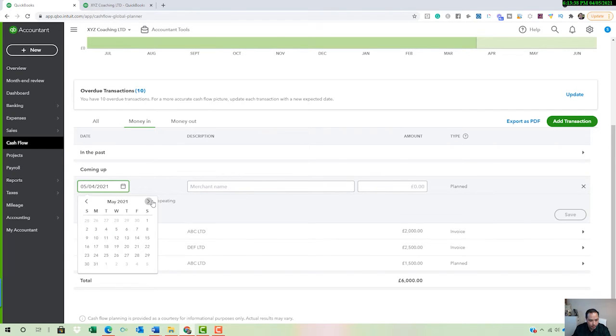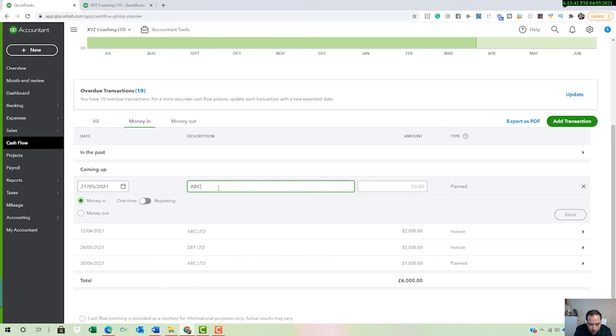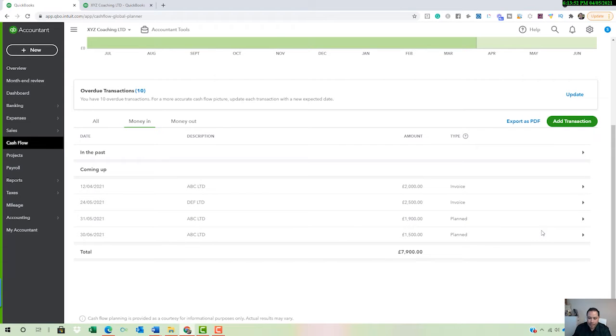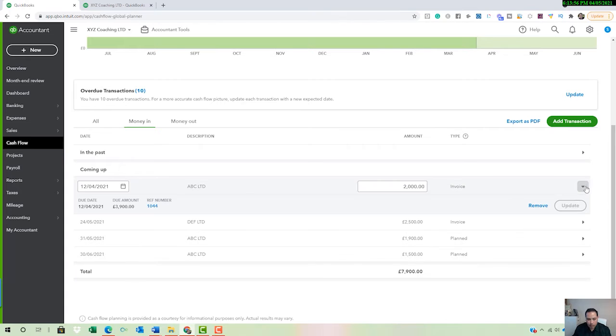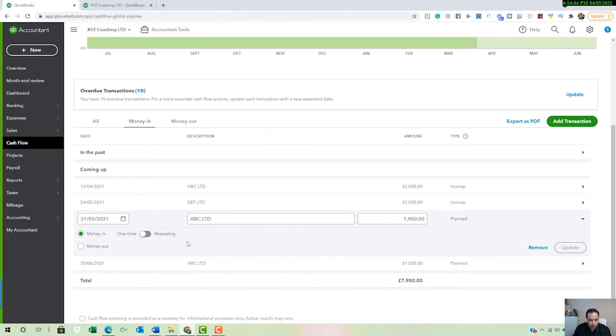I can say ABC Limited 1,900, and this is money in, save. So what it's saying to us is that instead of 3,900 on the 12th of April, you're going to receive £2,000, and the balance you're going to receive on the 31st of May.